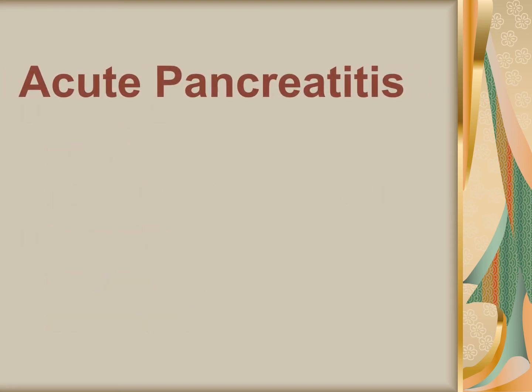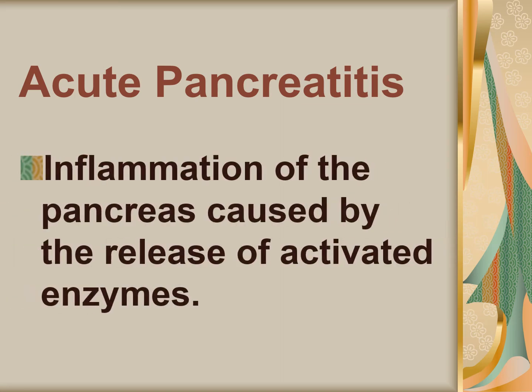So acute pancreatitis is the inflammation of the pancreas, and it may sometimes include adjacent tissues, and this is caused by the release of activated pancreatic enzymes that are not able to escape the pancreas. This condition is reversible both clinically and histologically.